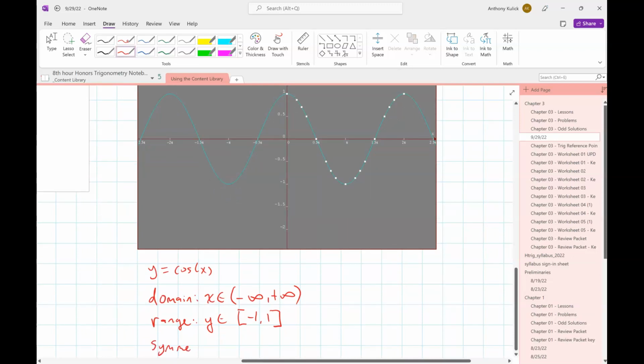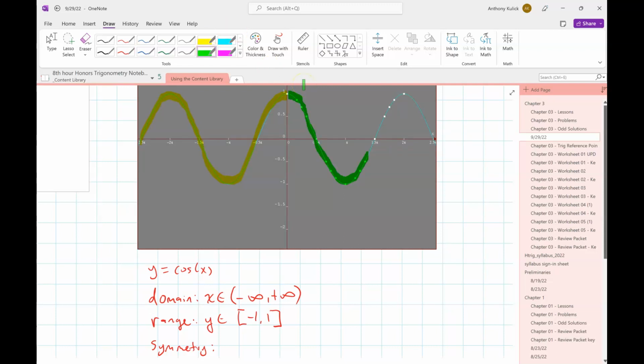And my symmetry here, what kind of symmetry do we have? It's not odd. Yeah, this is symmetric about the y-axis, right? This half of the graph is a reflection of this half of the graph.